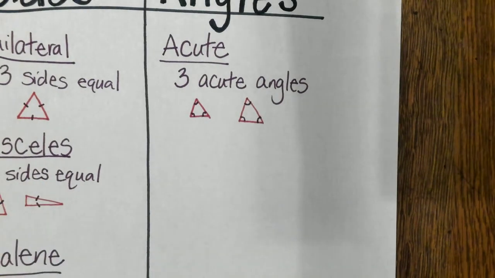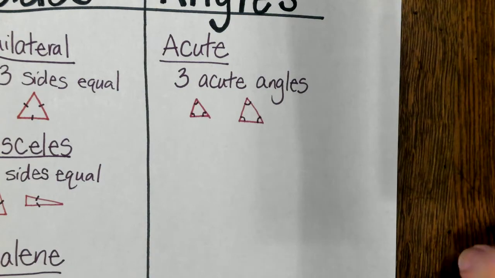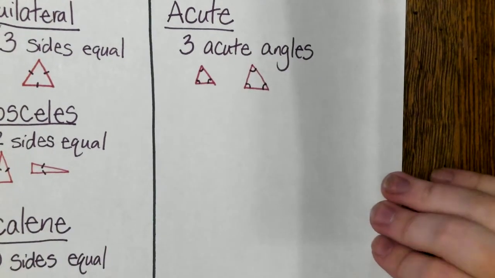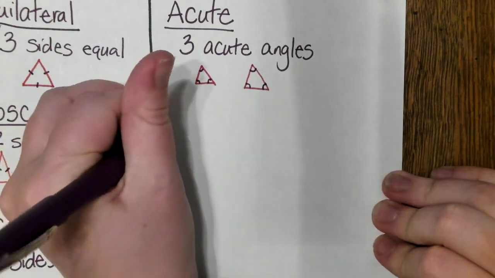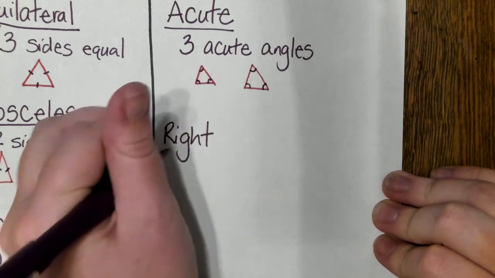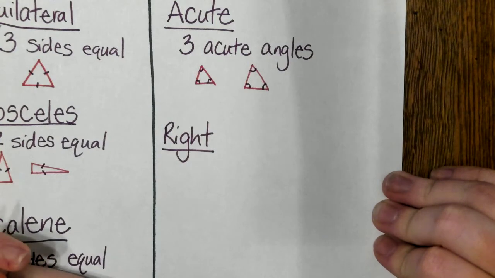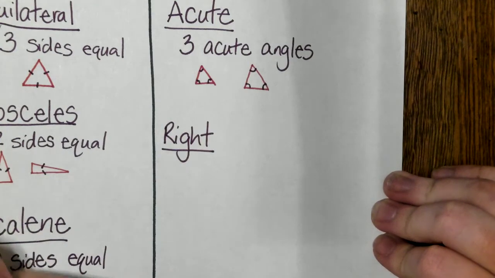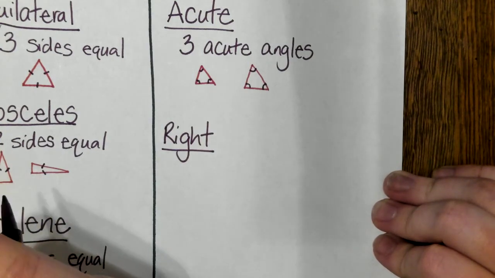Now, the next one we're going to talk about is a right triangle. A right triangle has 1 right angle.